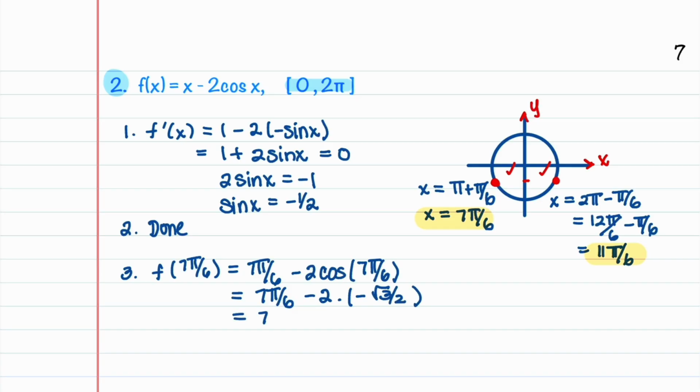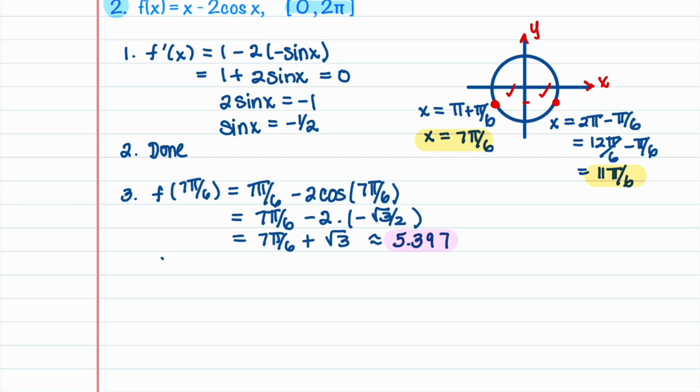So this is 7 pi over 6 plus root 3. And whenever you're doing a problem like this, we need to actually find the number because we have to figure out which are the largest numbers and the smallest numbers. So put this in your calculator and you end up with a value of 5.397. Let's highlight that in pink because that's one of the numbers we're going to have to check.